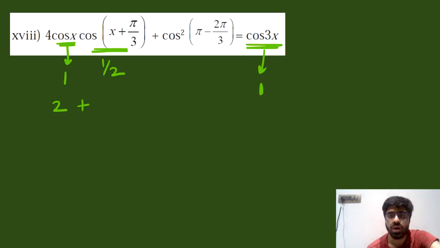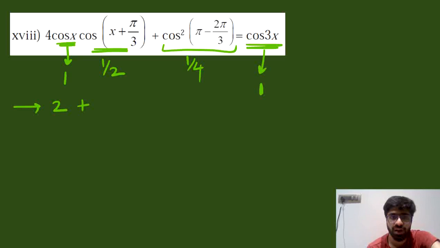Plus cos square, even if this was x or even if pi, whatever you call it, if this was equal to 0, if this was x, I can put it as 0, and that would be cos square 2 pi by 3, that is cos square 120. Even if I consider it as pi, pi minus 2 pi by 3 will be pi by 3, that is cos square 60, and this will be equal to 1 upon 4.